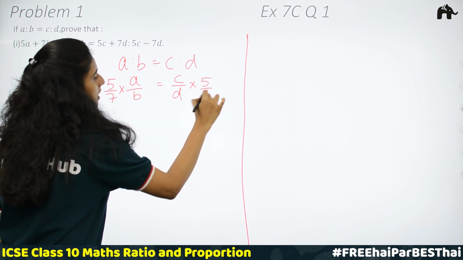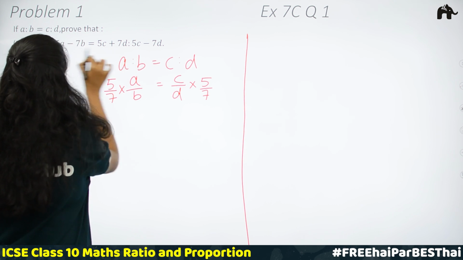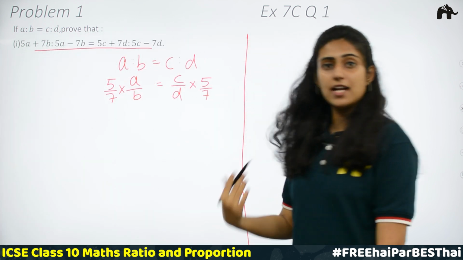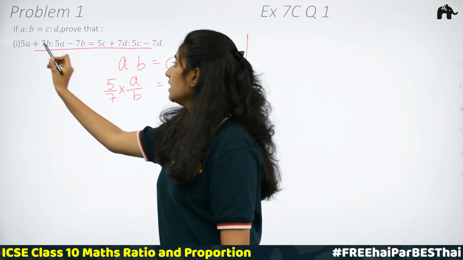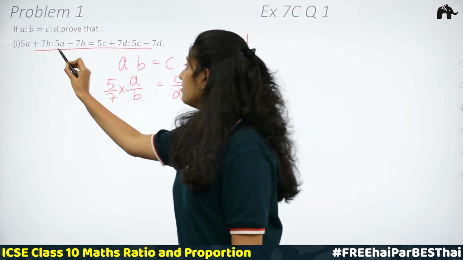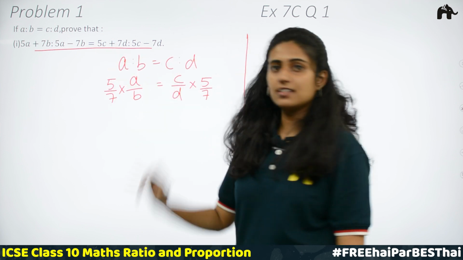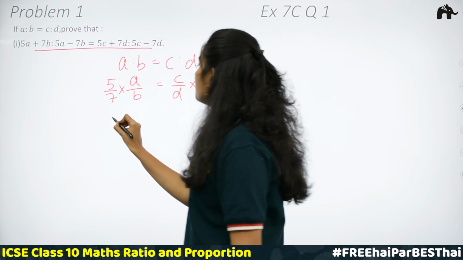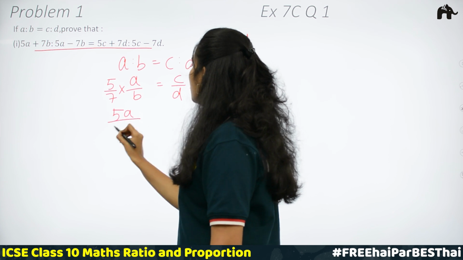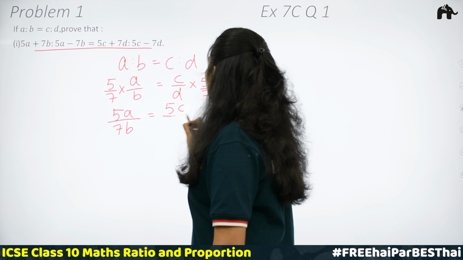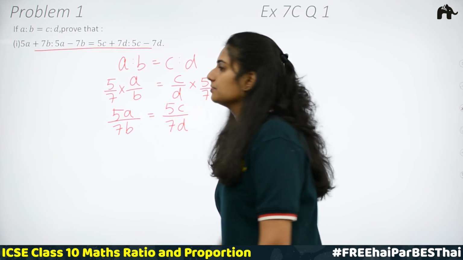Just refer to this equation and find what to be multiplied. Here we have 5, here we have 7. Here again 5 and 7. We will be getting 5A divided by 7B is equal to 5C divided by 7D.